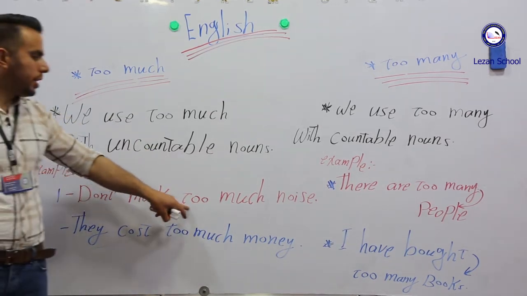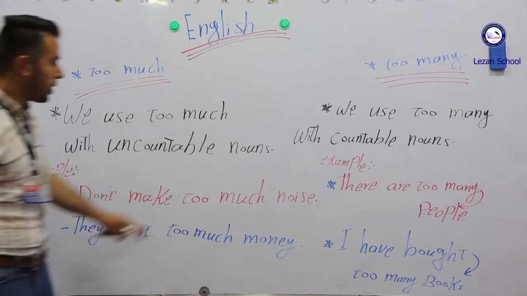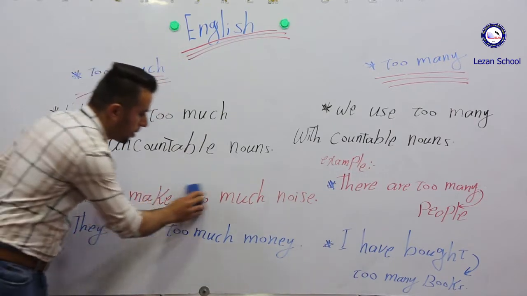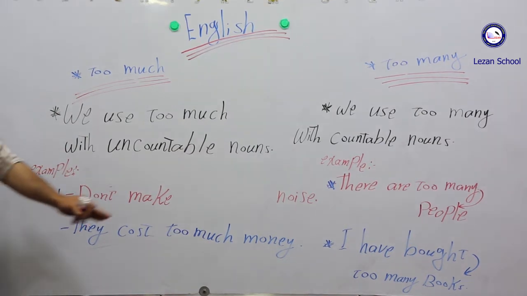Maybe in the exam, I will give you this sentence without too much, and I will give you 2, 3, or 4 options, and I will ask you to choose the correct one.